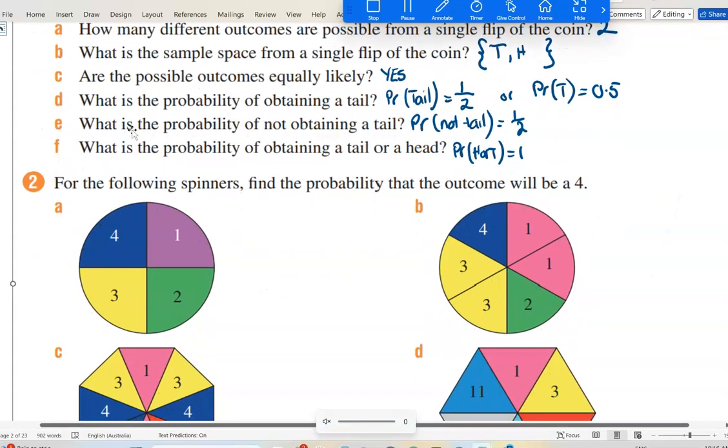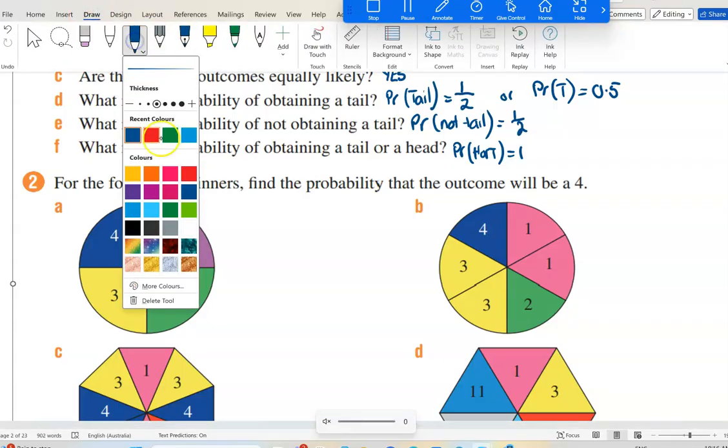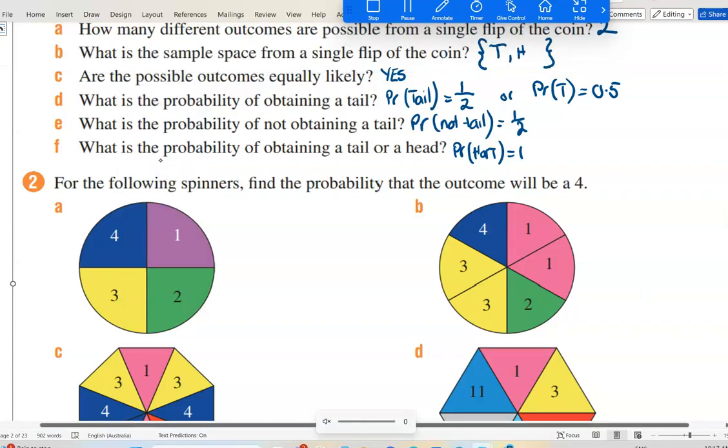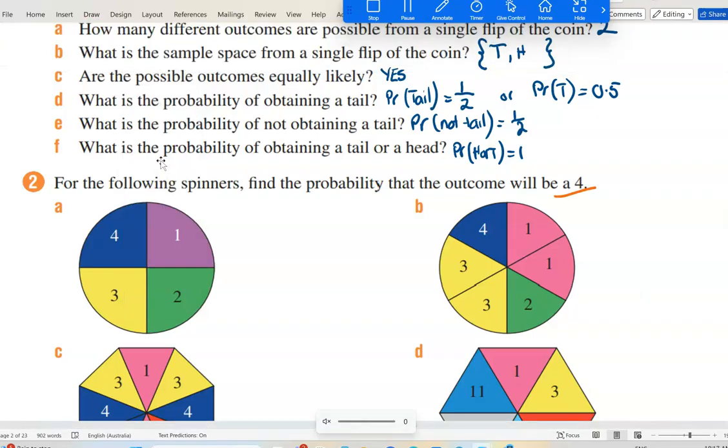Okay. So here, let's have a look. We want to work out the probability of getting a 4 in this scenario. So this 4 is the favourable outcome.